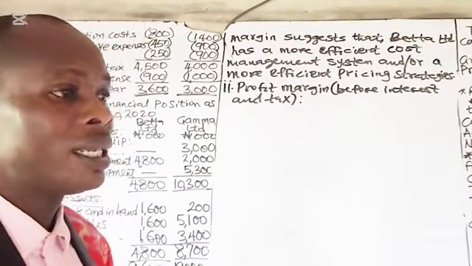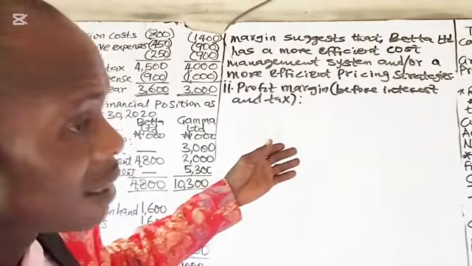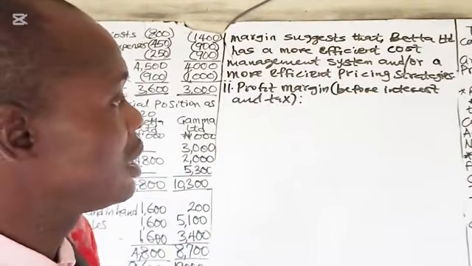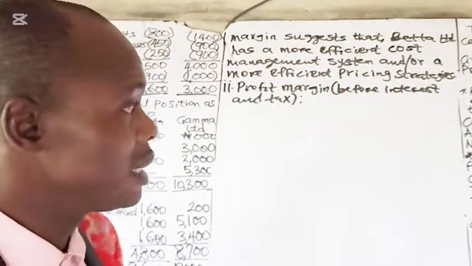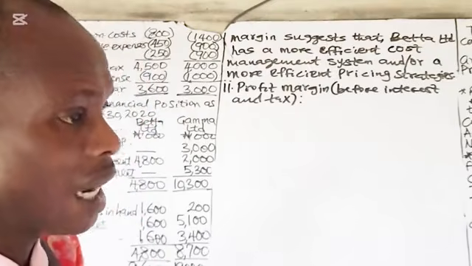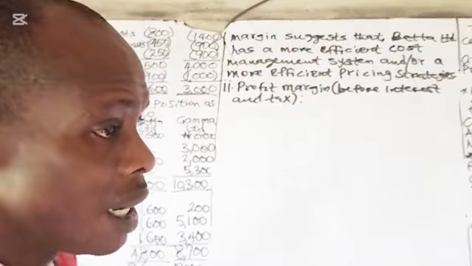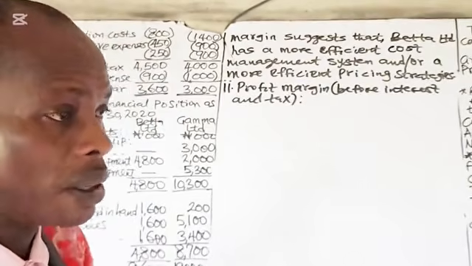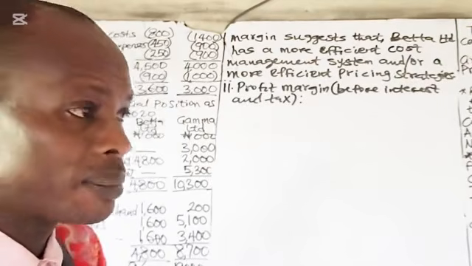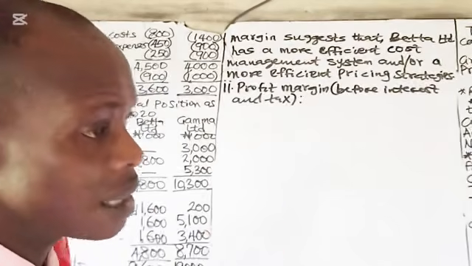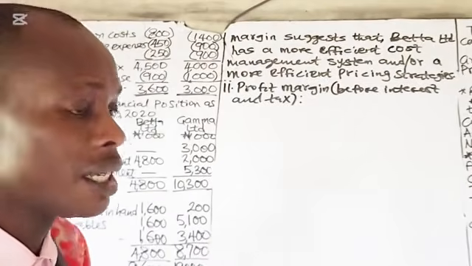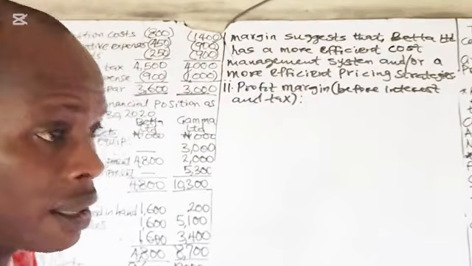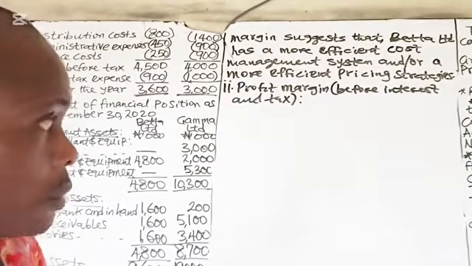If you look at the Beta Limited profit margin, you are given that to be 19.0%, and that of Gamma Limited is 12.3%. So the higher profit margin before interest and tax of Beta Limited suggests that Beta Limited is more efficient in operating structure.